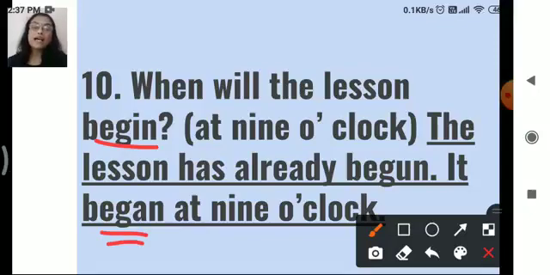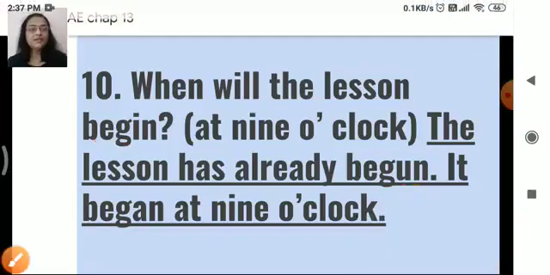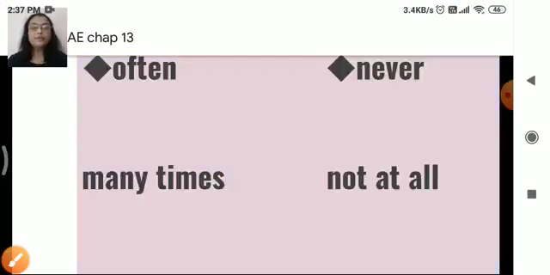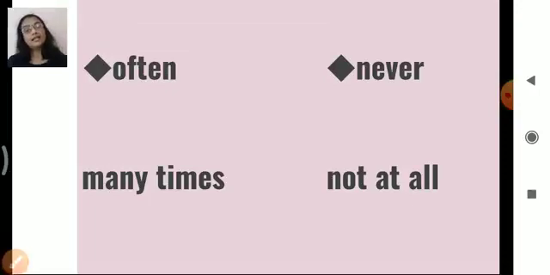But the past participle is begun. Followed? Okay. So in this way we are going to use the past participle, which are usually same, but there are few verbs where they are different from their past tense. Followed? Okay. Now we'll move ahead to our next question.